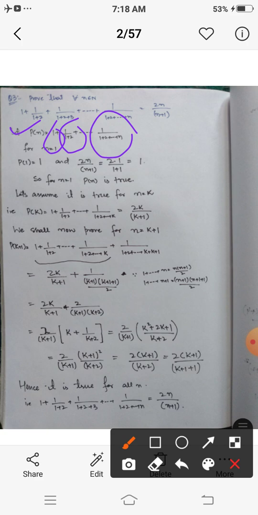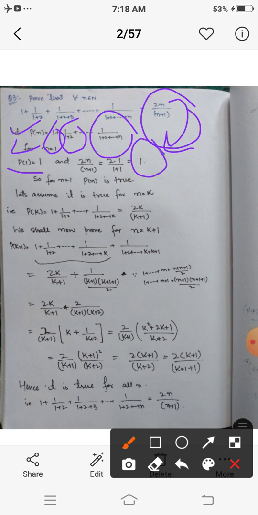So we firstly prove this for n equals to 1, which implies that p of 1 is simply 1. And RHS of the given statement that we have to prove, p of n is 2n upon n plus 1. Now when n is 1, LHS is simply 1, while RHS is simply, by putting here n equals to 1, 2 into 1 upon 1 plus 1, which is simply 1.